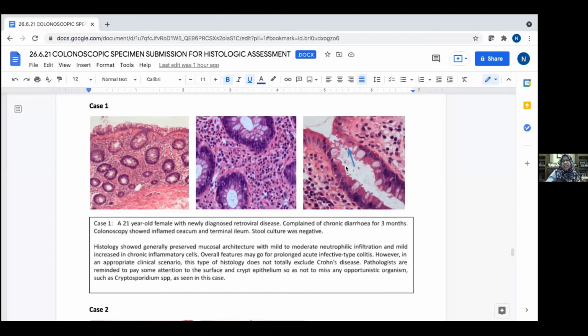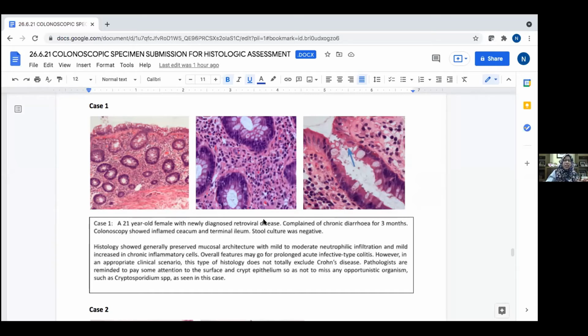Like in this case, you see tiny organisms on the surface epithelium as well as the crypt epithelium, which are of Cryptosporidium species. This is a case of cryptosporidiosis in an HIV patient.